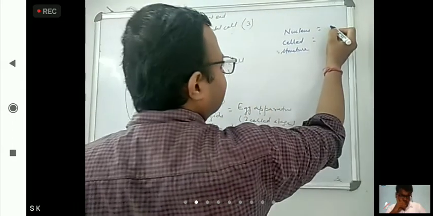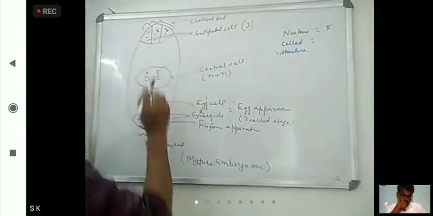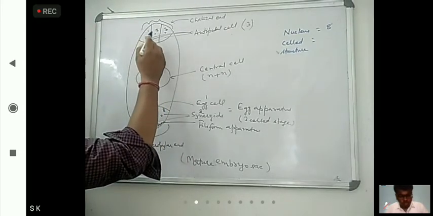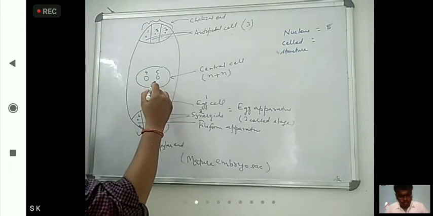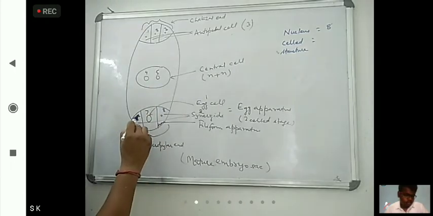So 8 nucleate. Cells: 1, 2, 3, this is the central cell, so 4, 5, 6, 7.